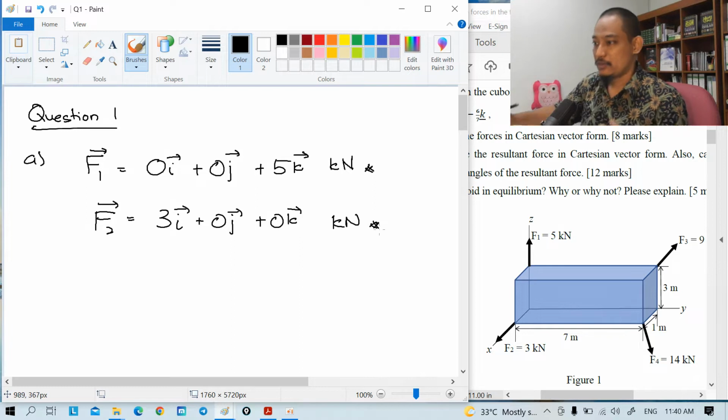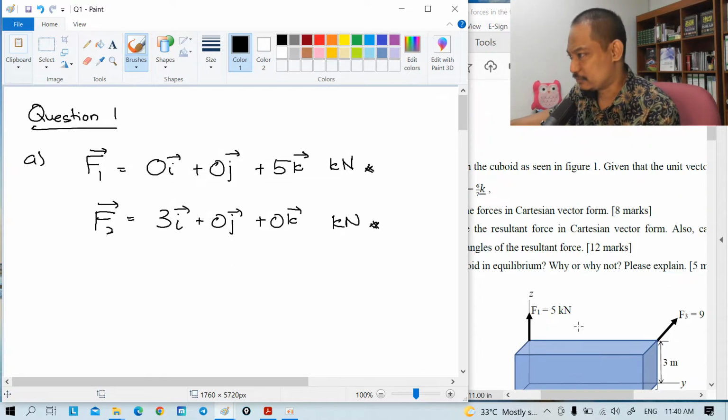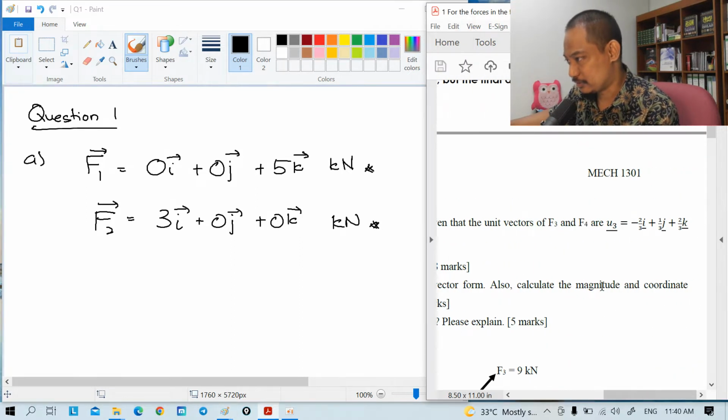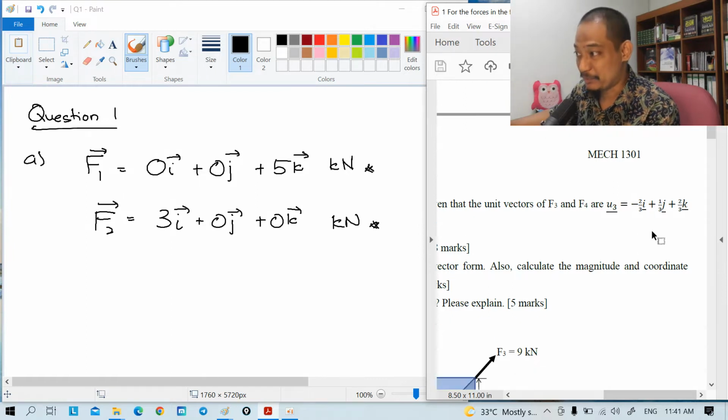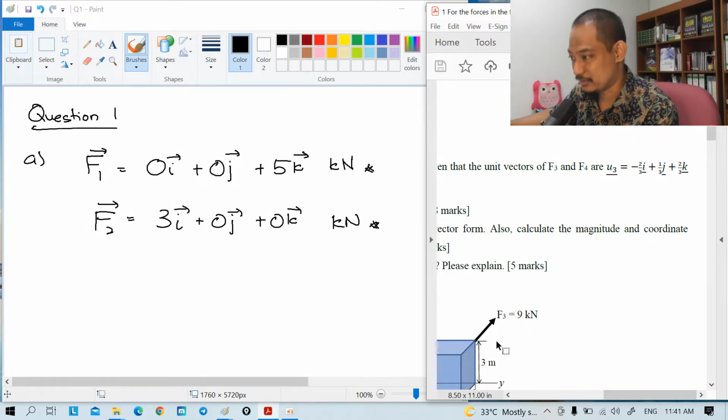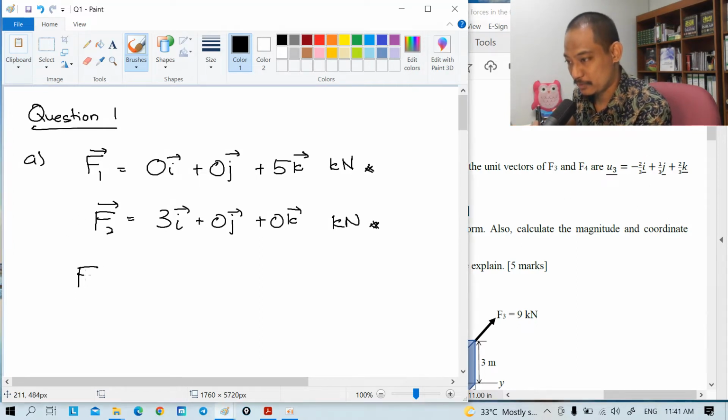Now for F3, it gives you already the unit vector, right? So it just multiplies, right? So F3 here, 9 kilonewton, and then U3 is given. F3 is simply the F3 magnitude times the U3 unit vector.